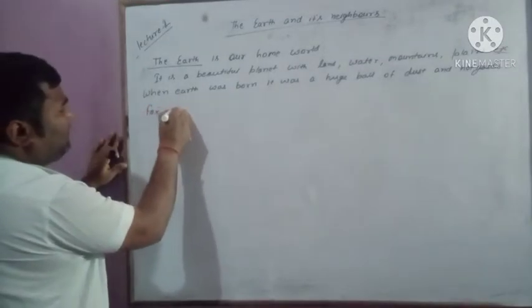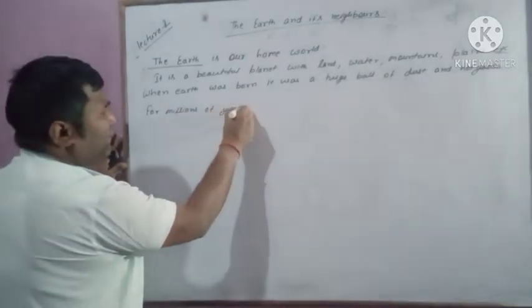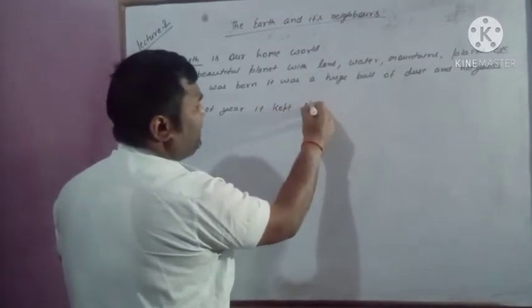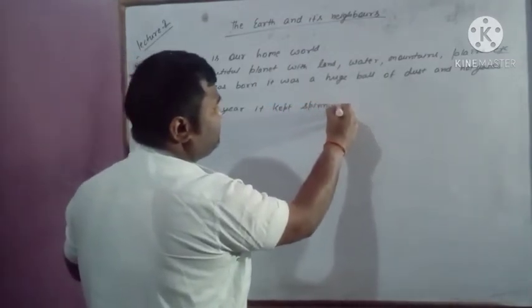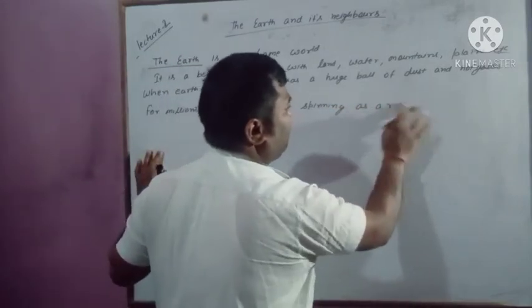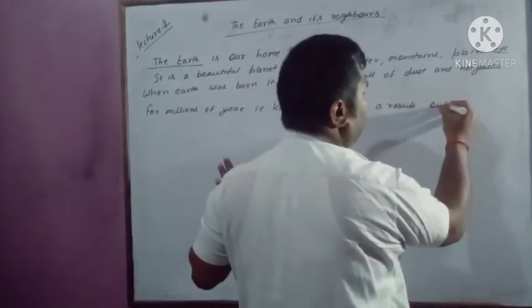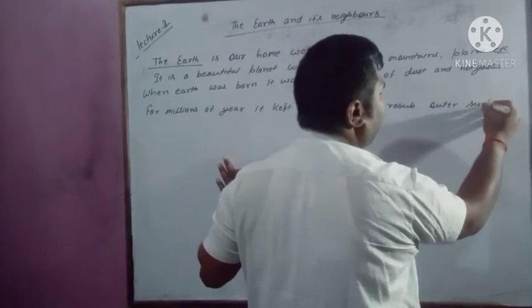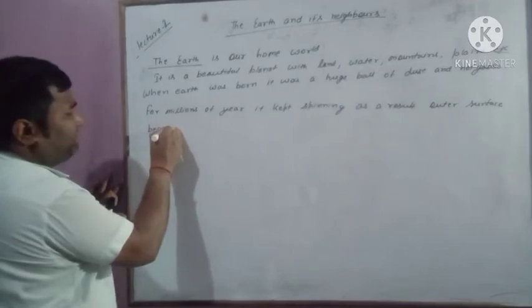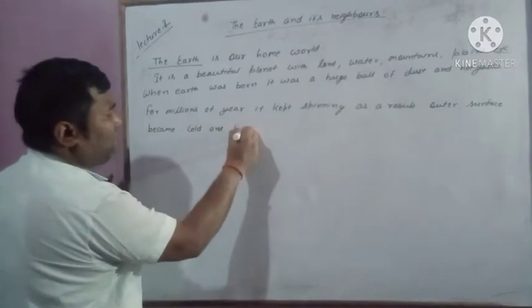For millions of years, it kept spinning. As a result, outer surface became cold and hard.